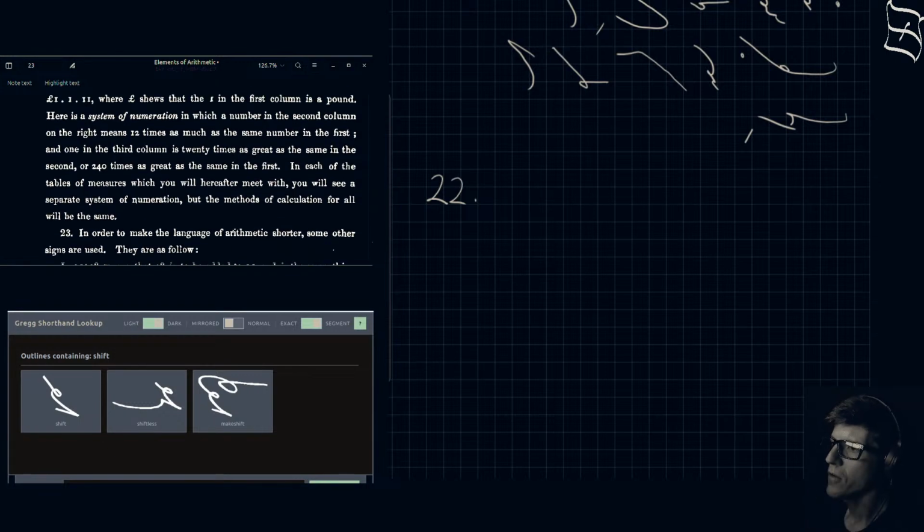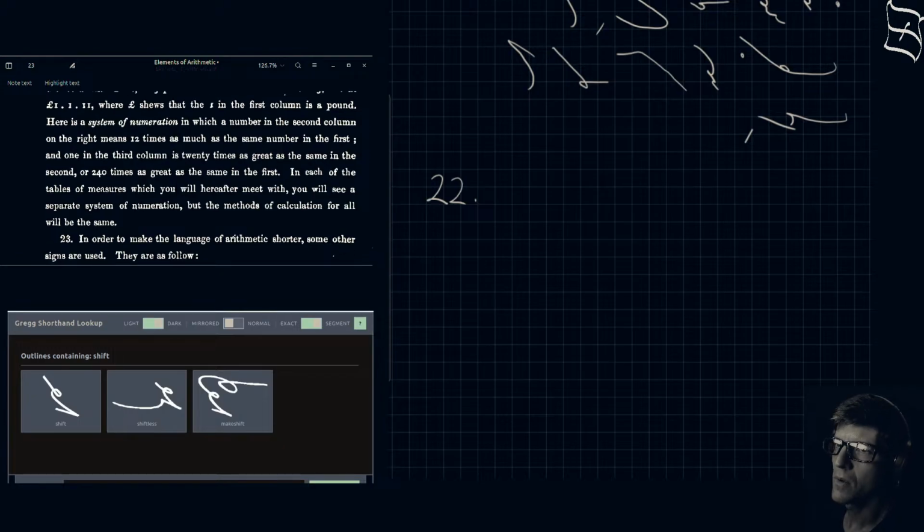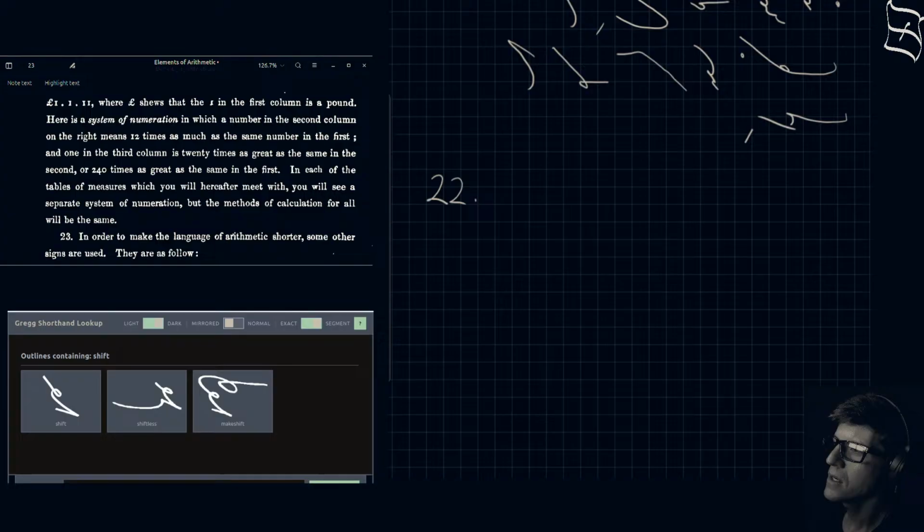The takeaway for us in shorthand would be modified versions of the system of numeration. Modified systems or modified versions of numeration are used in different real-world applications.